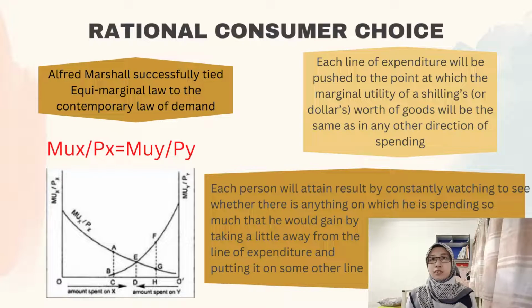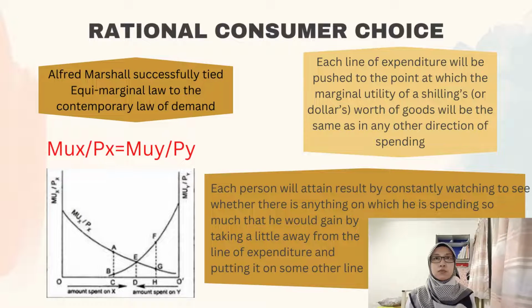Marshall stated that each line of expenditure will be pushed to the point at which the marginal utility of a shilling's worth of goods will be the same as in any other direction of spending, which is: marginal utility of X divided by price of X must be equal to marginal utility of Y divided by price of Y. He added that each person will attain this result by constantly watching to see whether there is anything on which he is spending so much that he would gain by taking a little away from that line of expenditure and putting it on some other line.